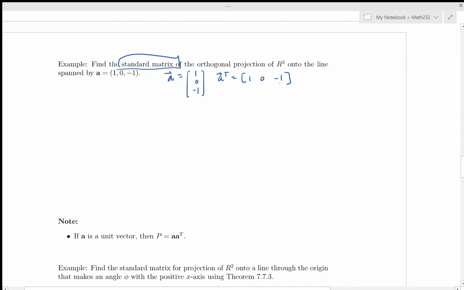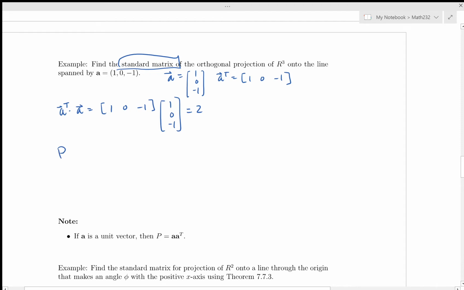We can compute A transpose A, which is 1, 0, minus 1 multiplied by 1, 0, minus 1, and that's 2. That's the inner product.